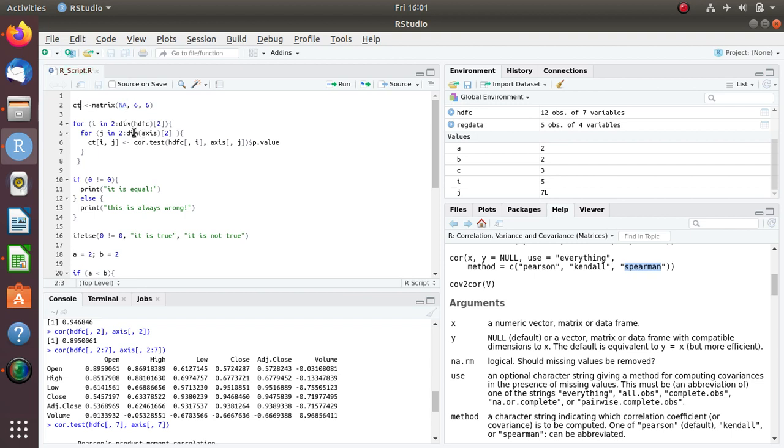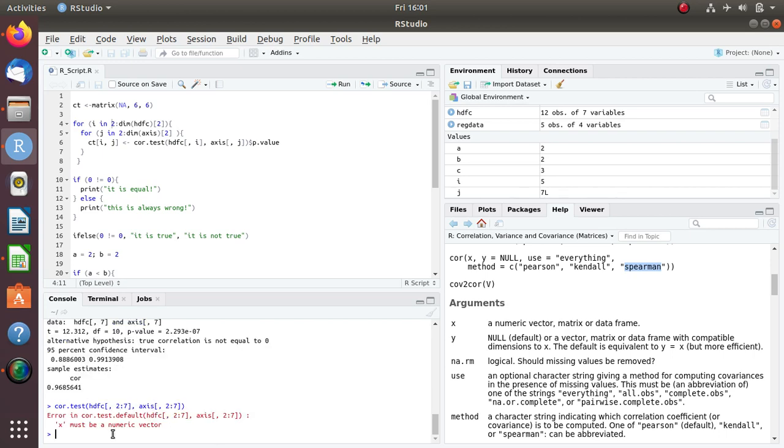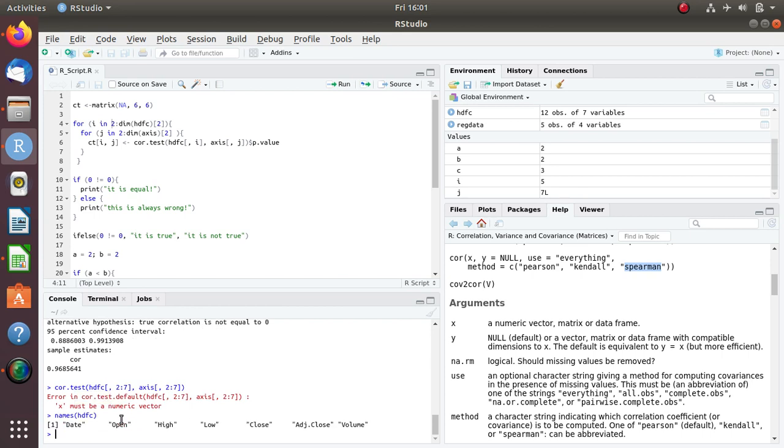Now we create a dummy matrix of 6 by 6 order, and then I'm going to use a for loop: for i in 2 to the second dimension of HDFC. Please be cautious: the first variable is date and the second variable is open.